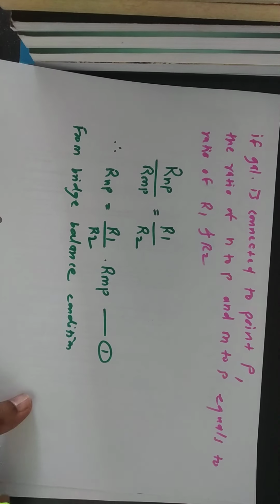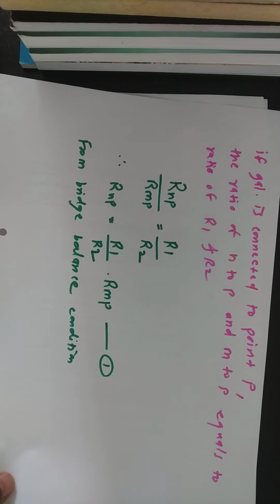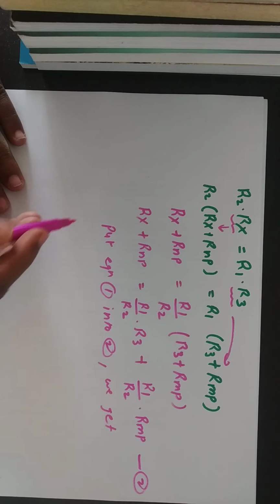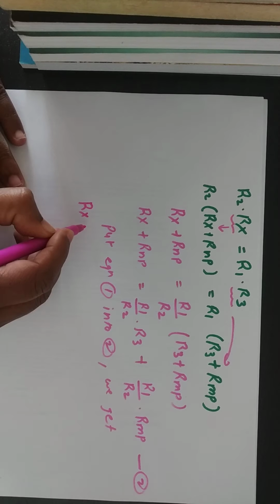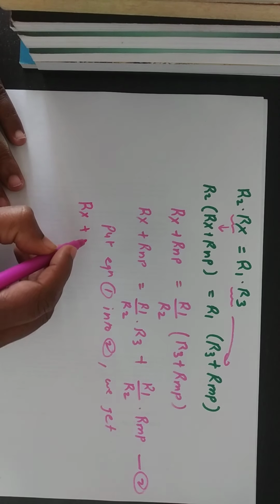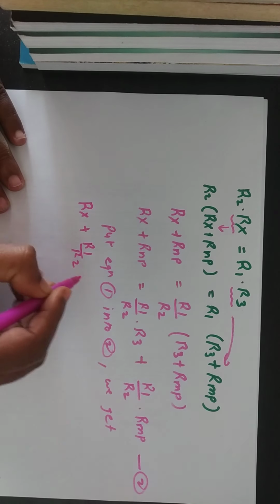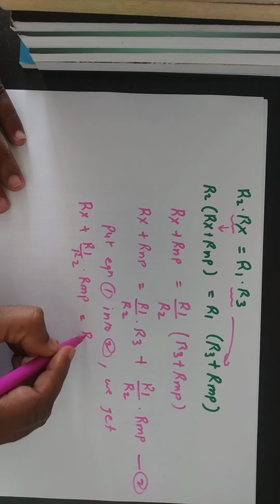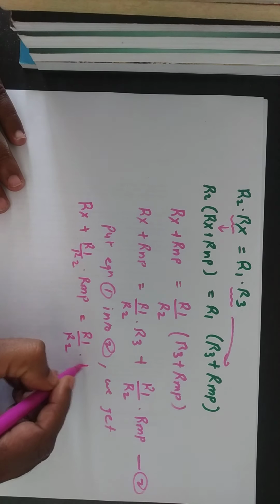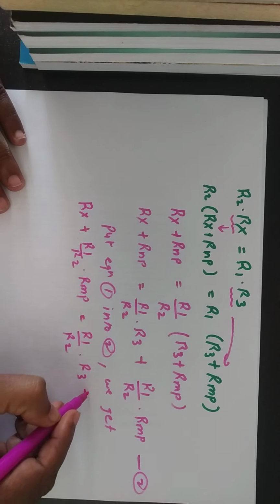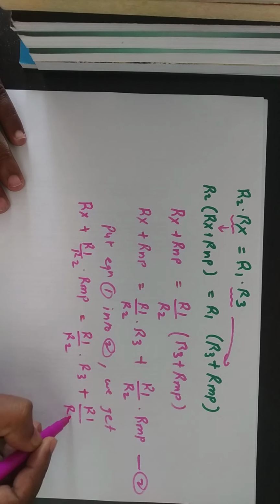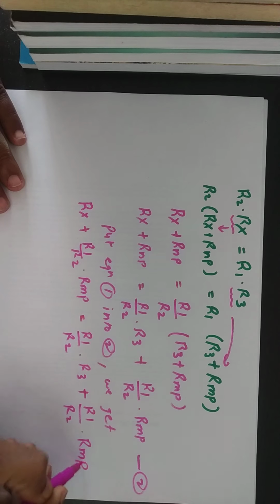This is equation 1, and if you put this value of RNP into equation number 2, then you get Rx plus R1 divided by R2 into RMP is equal to R1 divided by R2 into R3, and this equation is as it is, plus R1 divided by R2 into RMP.